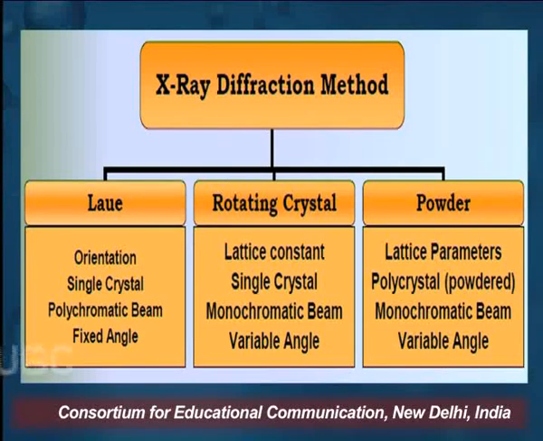The third method is the powder method, where we find out the lattice parameters of the material or the crystal, and polycrystal powder is used. Polycrystals, or mini crystals, we use the crystal in the form of powder. The sample will be in powder form, and a monochromatic beam is also used, with a variable angle.